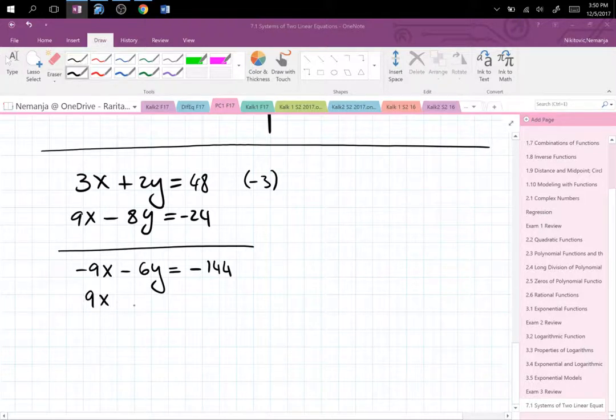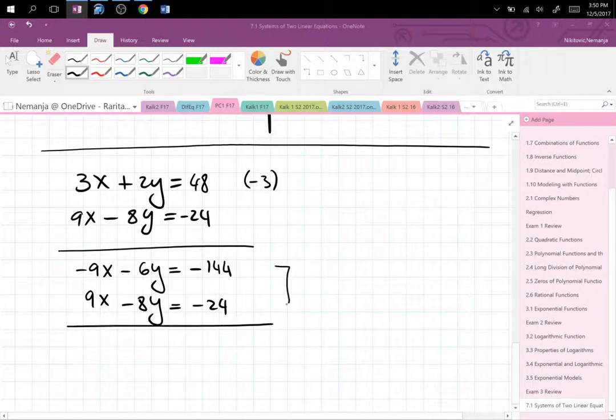And then 9x minus 8y is equal to negative 24. 9x and 9x, when I add the equations, will cancel. So we can strike that out. And I have negative 14y is equal to negative 168.